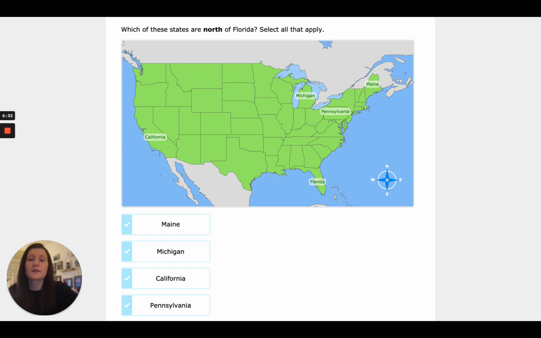For this one, it's actually going to be all four states listed: Maine, Pennsylvania, Michigan, and California, because they're all above where Florida is. All right, and that is our lesson for today.